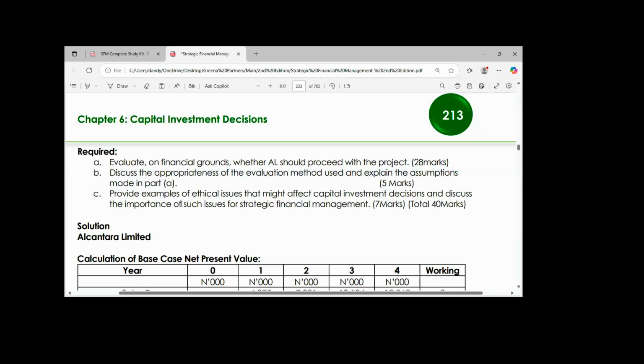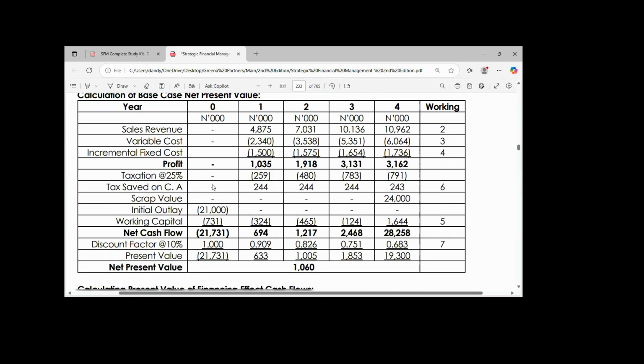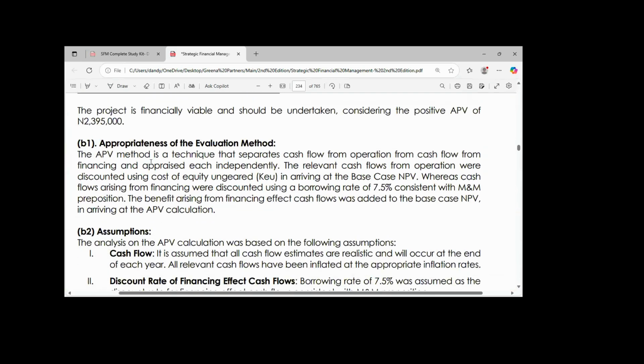So examiner is now asking you to discuss the appropriateness of APV. Just explain what APV is all about. That's all. So let me just show you how I did it. The APV appropriateness of the evaluation method used. The APV method is a technique that separates cash flow from operation from the cash flow arising from financing and appraises each independently.